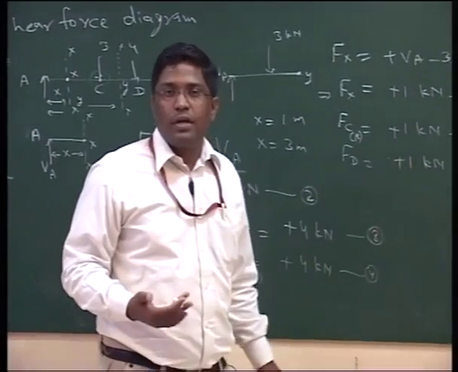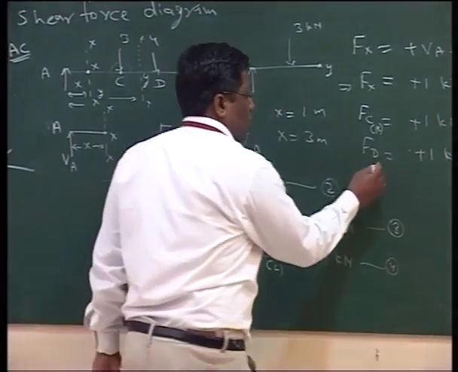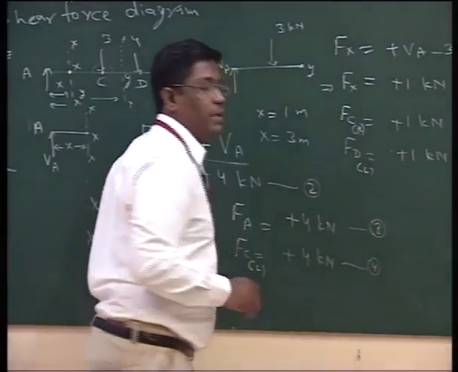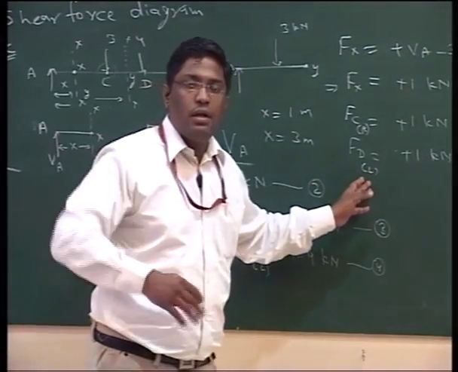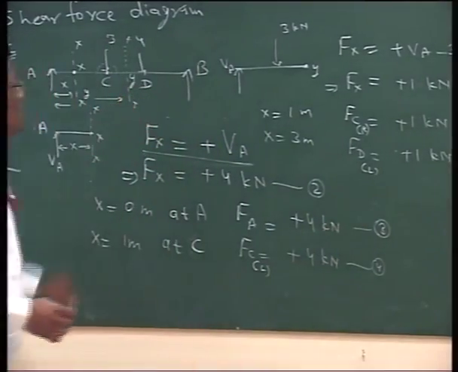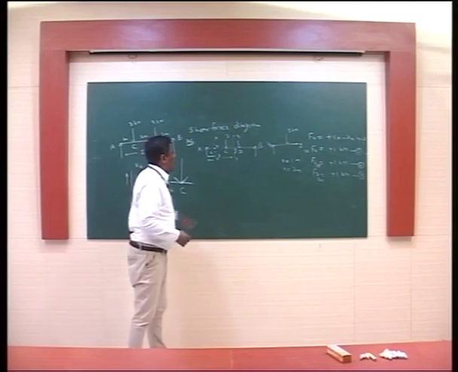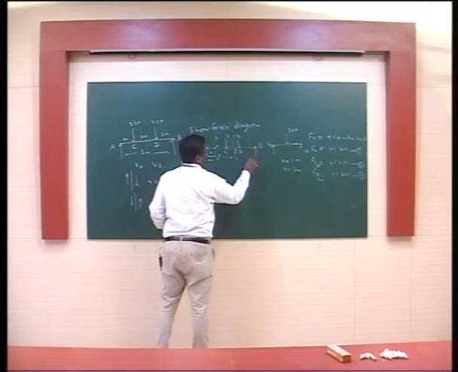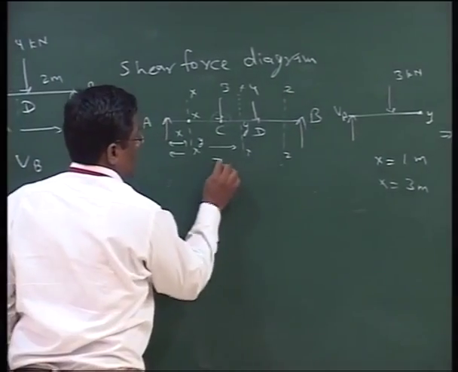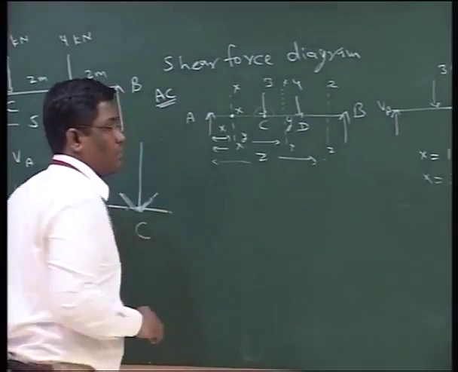So now we can quite easily say that even at point D also it will be a left and right. Right now we are having just left. Now we will talk about the portion DB. In the portion DB we are having one more section. Let it be Z, distance Z from here.